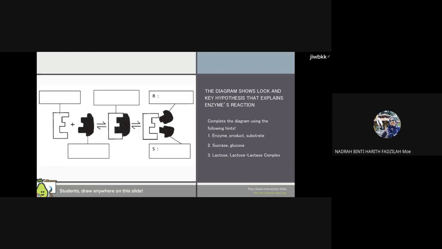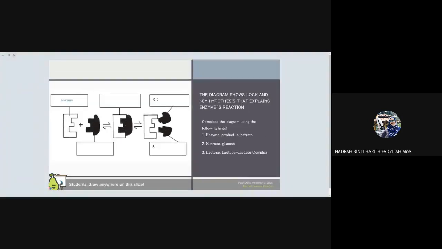Okay, pada diagram ni cuba labelkan dulu. Kita nak buat baris pertama dulu. Enzyme, produk dengan substrate. Mana satu? Lengkapkan ya. Lengkapkan semualah walaupun ada tiga hint enzyme, produk dengan substrate. Mestilah ada satu lagi label yang tak mention kat situ.